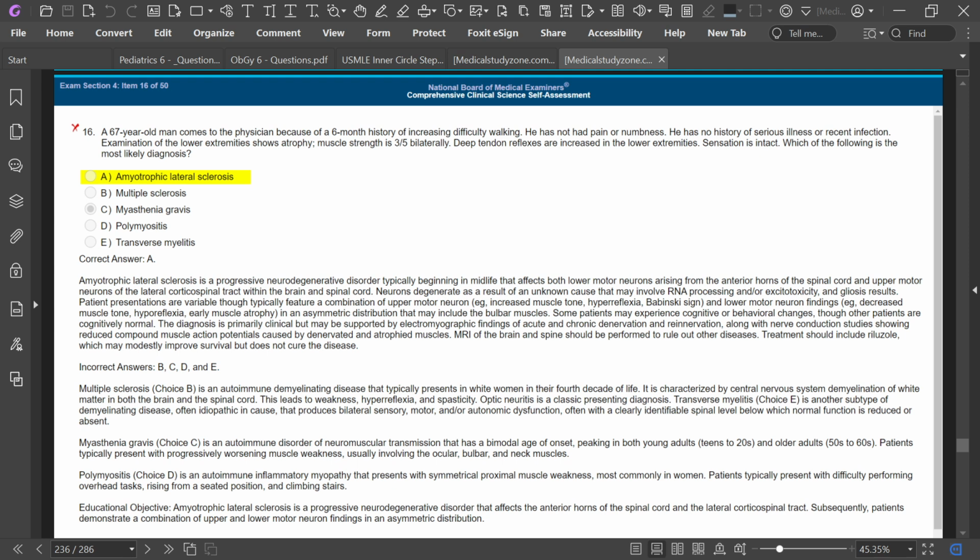And there are two other drugs also: edaravone and tofersen. And in neuromuscular respiratory failure, the first line treatment is non-invasive positive pressure ventilation, NIV.